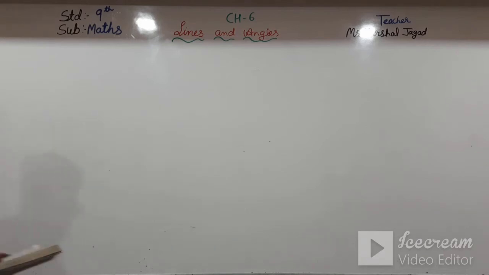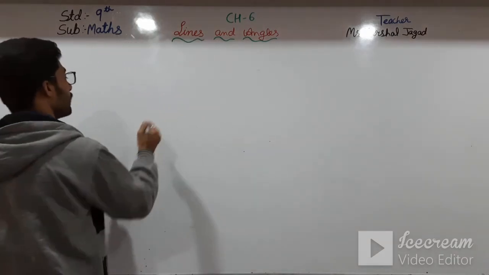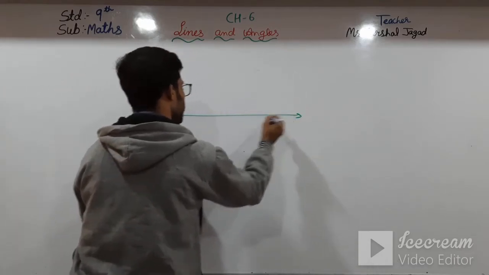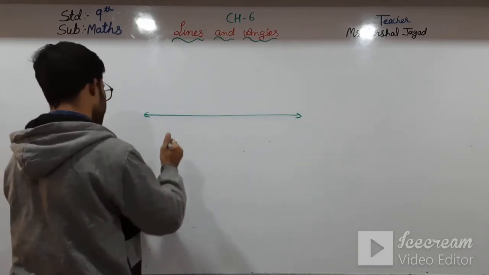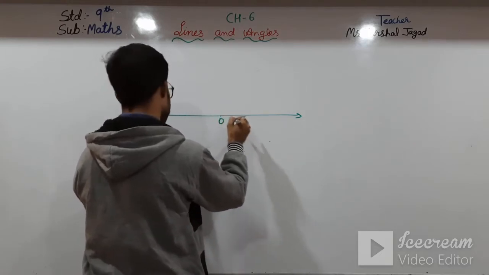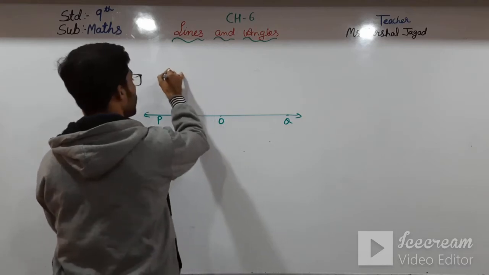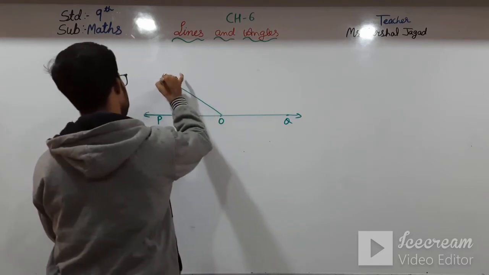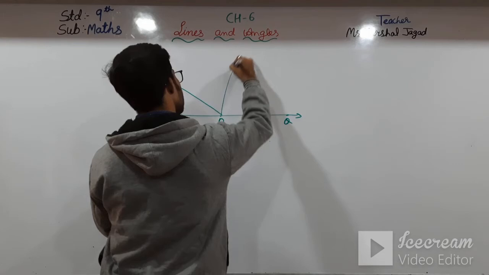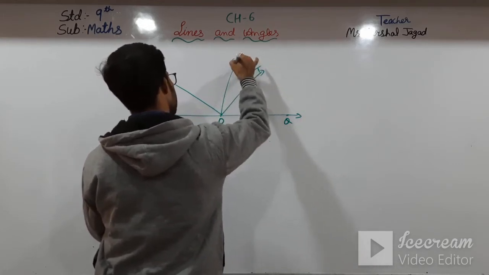See here in the figure. I am just drawing a figure over here, and you try to find the answers at your home first of all. Then I will help in the next video to solve this example. It is over here Q, this is R, this is S, and this is T.